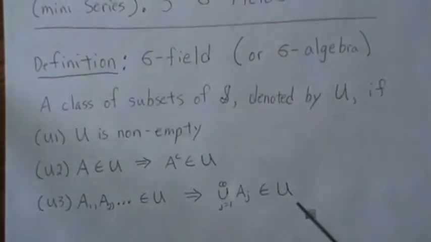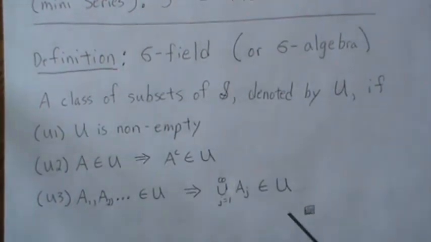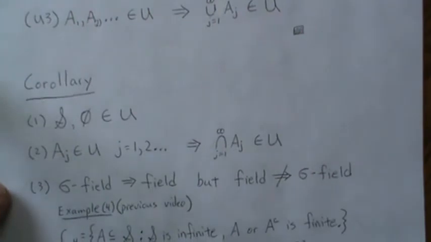And we're going to look at one example where the class is a field, but it's not a sigma field. But if it's a sigma field, it's also a field. So some corollaries from this.